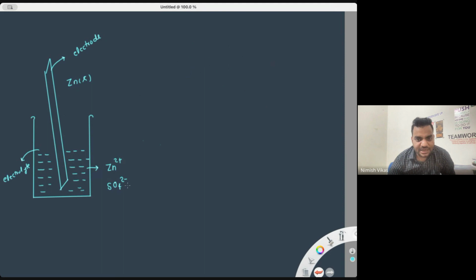Since they are in aqueous state, they are not bound to each other but surrounded by water molecules. So they are free to move, and they can conduct electricity. If it were solid zinc sulfate, the ions would not be free. Ionic compounds cannot conduct electricity in the solid state; only when the ions are separated can they do that.